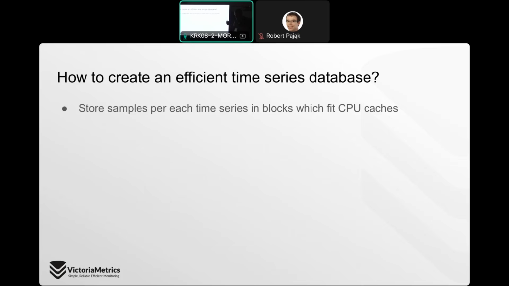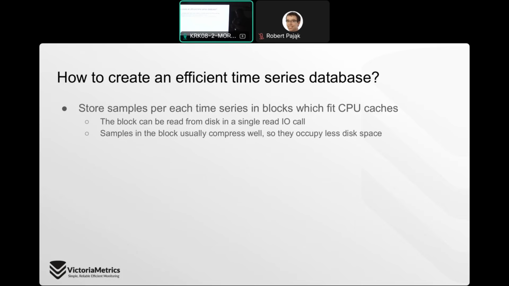Why is it important? Because in this case you can read these small blocks from disk in one go, in one I/O read operation. You do not need to collect many samples from different locations on disk. You just read one block.